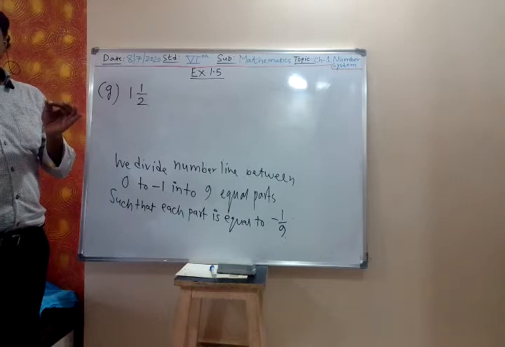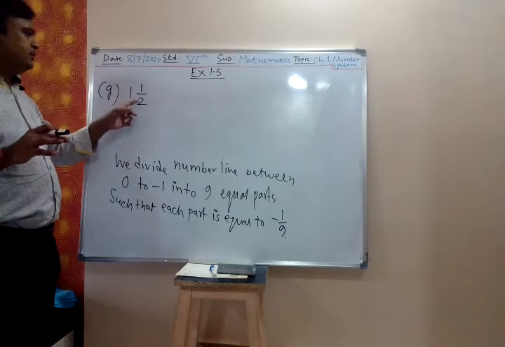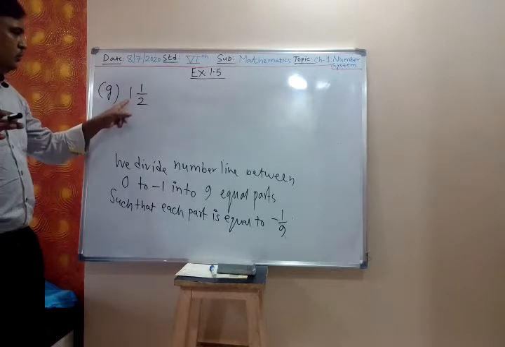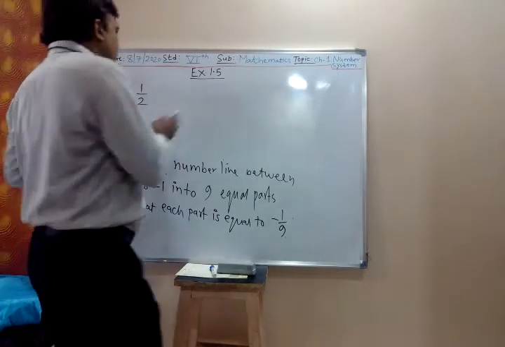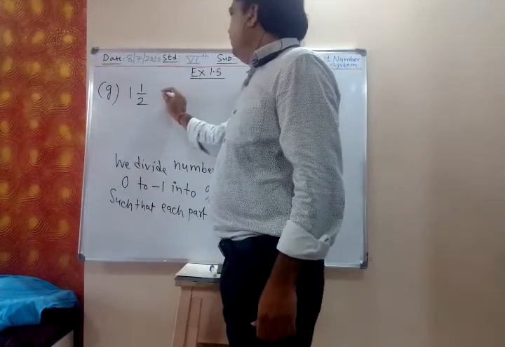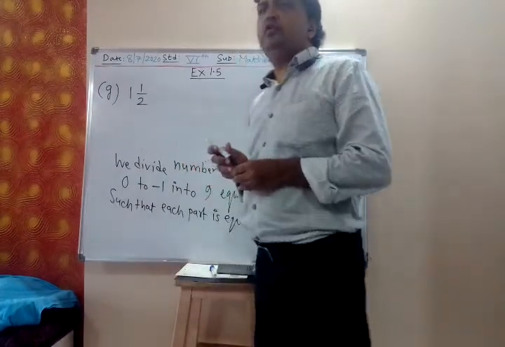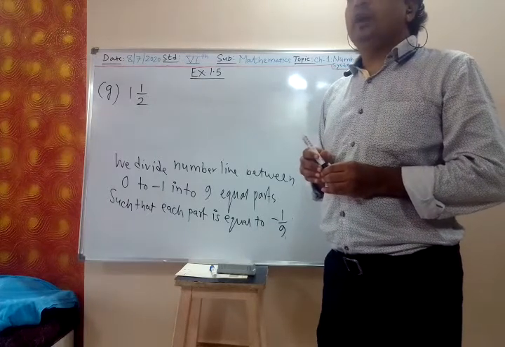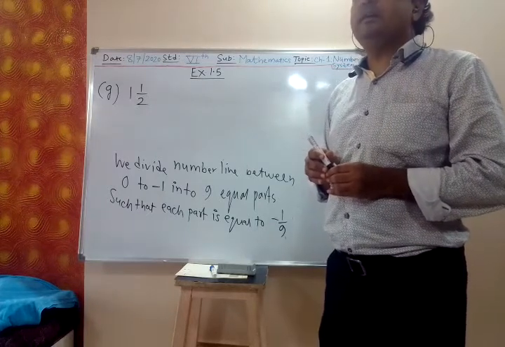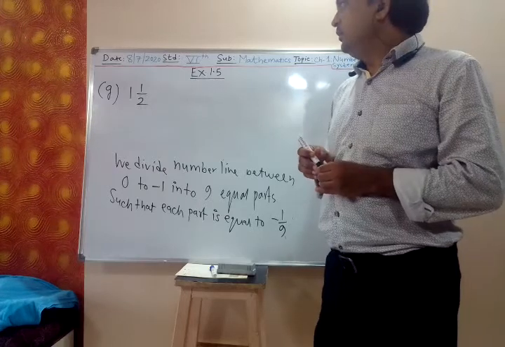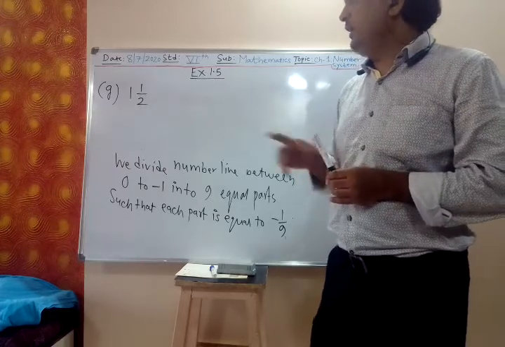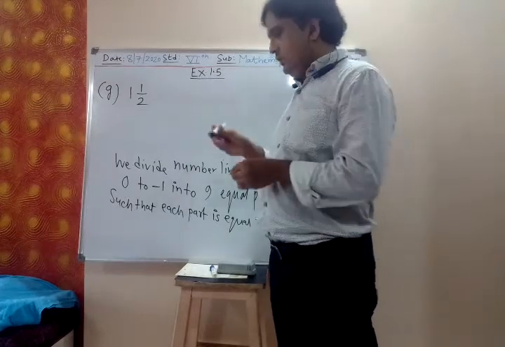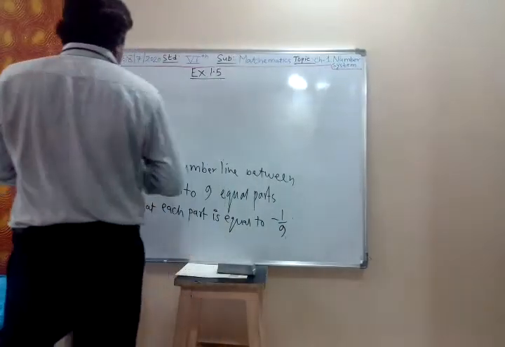This is a mixed fraction. See here. 1 and 1 by 2 is a mixed fraction. So how do we do this?